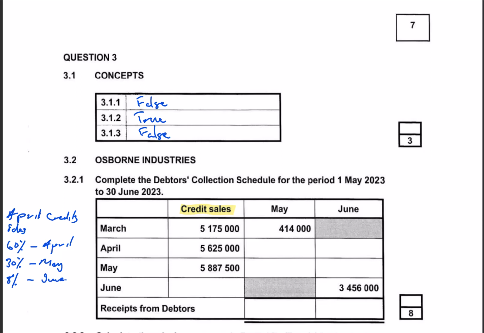So let's calculate this one. It's simple. Once you understand what you need to do, it becomes very simple. So we need 5,625,000 times 30%. That's 1,687,500.